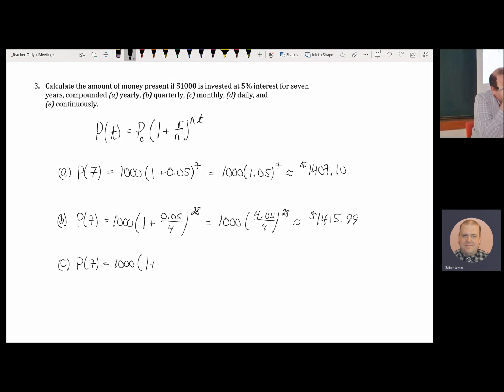Monthly, how many times are we compounding? Right, so N would be 12. I'm not going to keep showing the calculator.